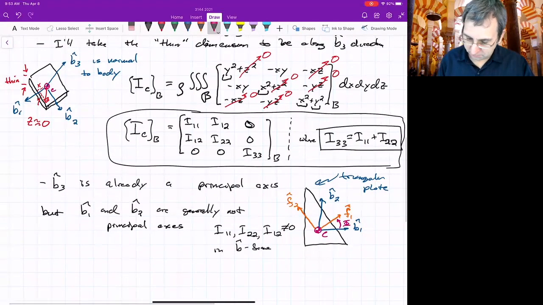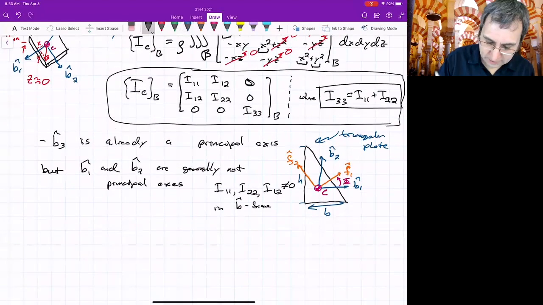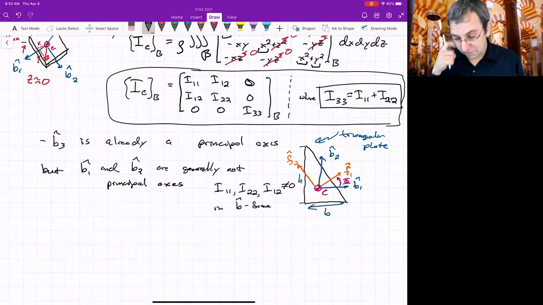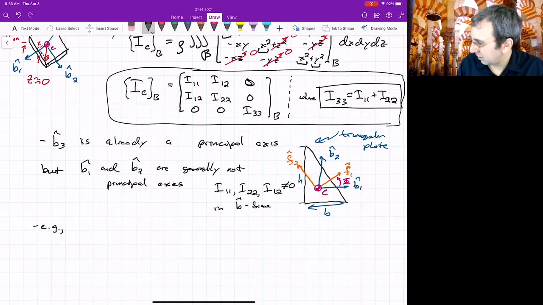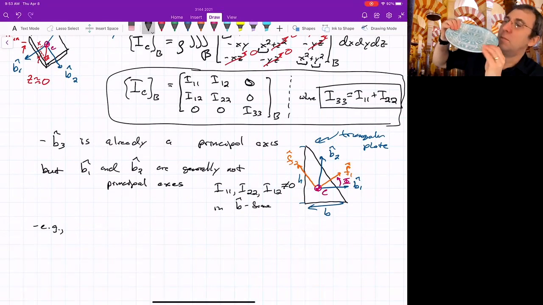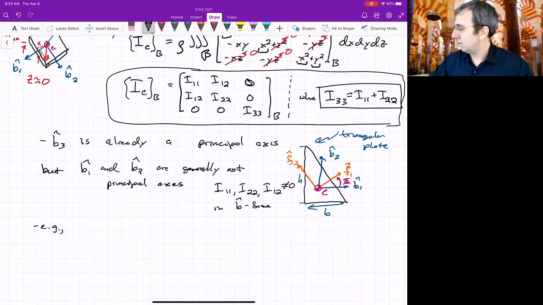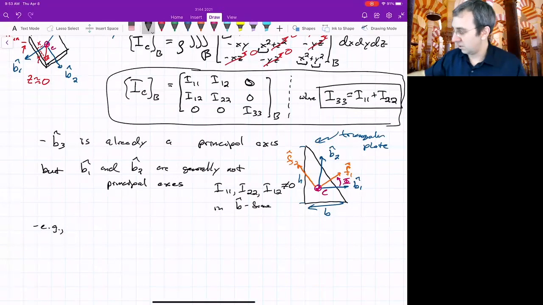And it also depends on the base and the height. If you do have something that's in a principal axis frame, so that was a triangular plate, what about something else, a flat circular disk, a flat disk with mass m, radius r. I don't know what the radius is here, like 5 inches or something.